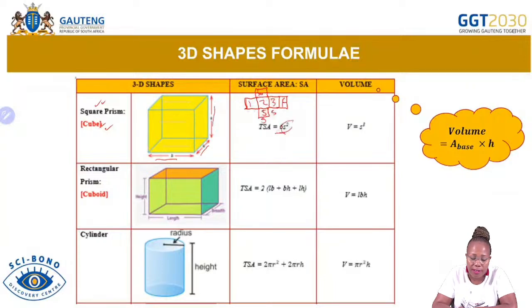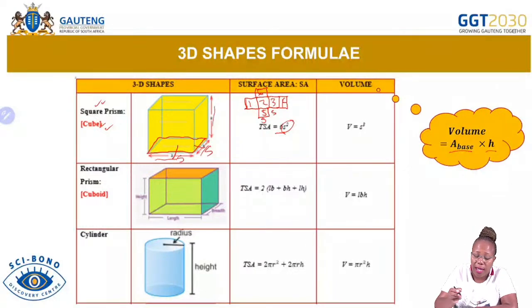Of s squared. And then when we talk about the volume of this, look at that, the volume is the area of a base multiplied by the height. Remember our base here is a square base, and the area of the base will be side by side, so that will be s squared.